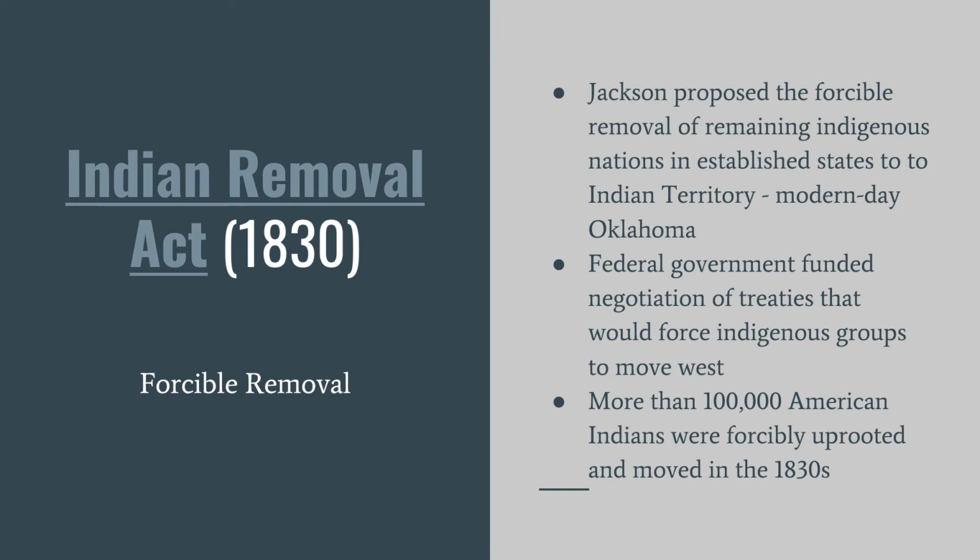And he proposed forcibly removing those groups and moving them into what he called Indian Territory, which is most of modern-day Oklahoma. And the federal government would fund negotiation of treaties that would force these groups to move west. And what we will see is that more than 100,000 American Indians are forcibly uprooted and moved in the 1830s.